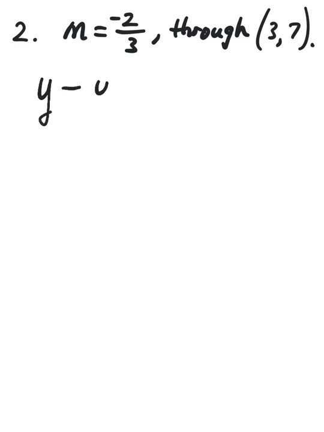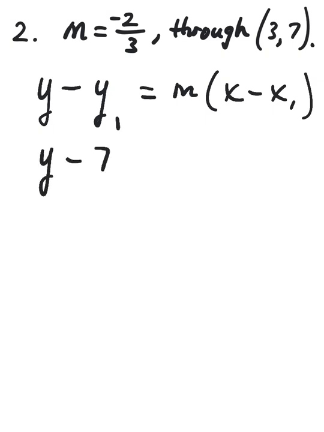Y minus y1 is equal to m times x minus x1. M is the slope that's given, and x1, y1 is going to be replaced by the two values in the ordered pair. Y minus 7 equals negative 2/3 times x minus 3.